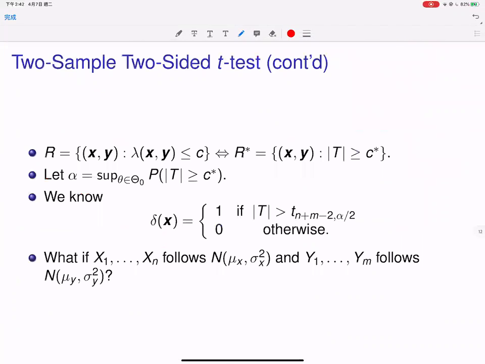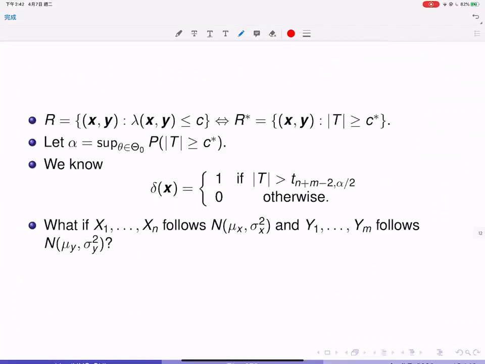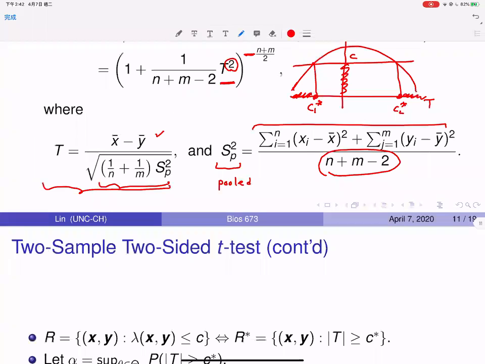That's the central right here. So that means eventually this also is 1 minus alpha over 2. I still keep considering using left-hand side probabilities. You don't need to know why this follows a t distribution, where the degrees of freedom is n plus m minus 2.